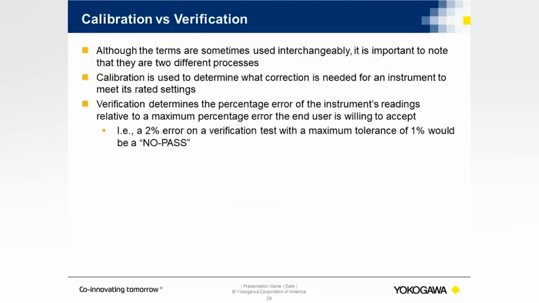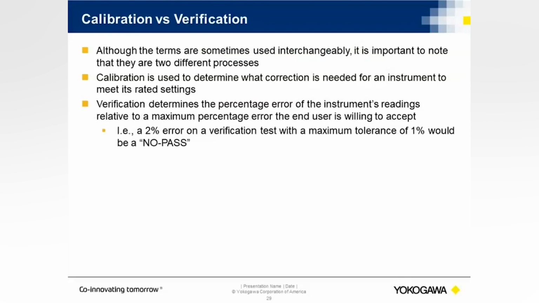Another very important point is calibration versus verification. Although the terms are used interchangeably, they are different processes. Calibration is used to determine what correction is needed to offset on an instrument to meet its specifications.